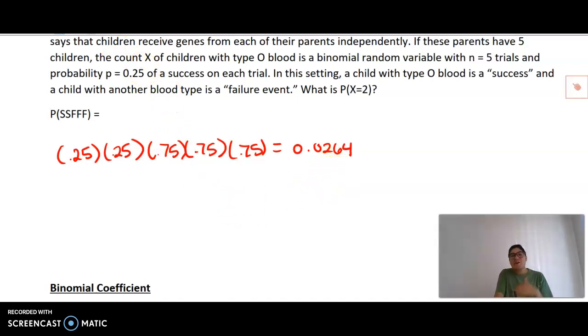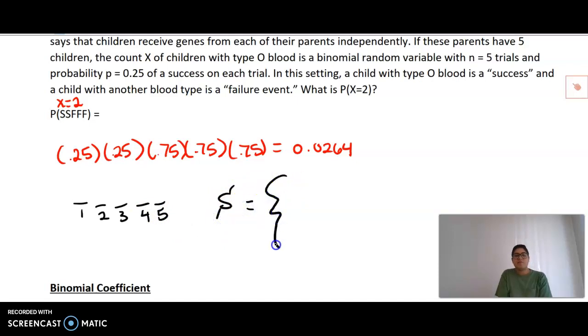Well, let's think about our sample space. Notice that in my probability statement, I do want the probability x is 2. But there's 5 kids in the sample space. So that means child 1, child 2, child 3, child 4, and child 5. So in my sample space, I'm going to make this like fancy looking S. In my sample space, there are some different combinations that could happen.